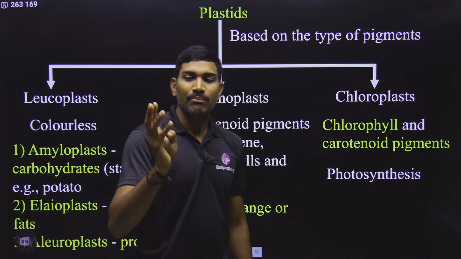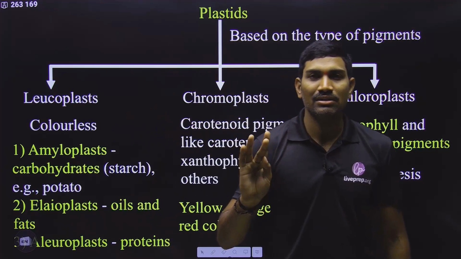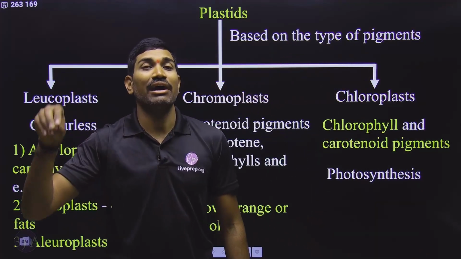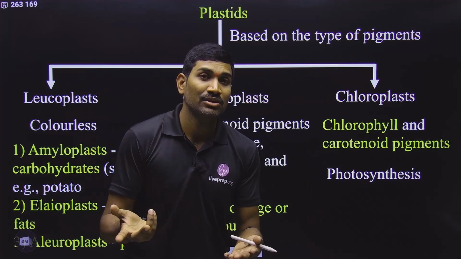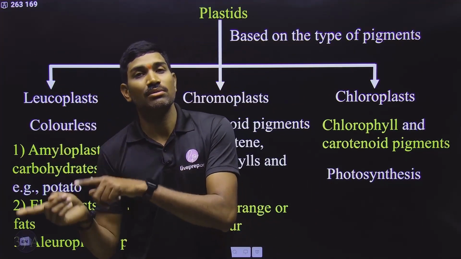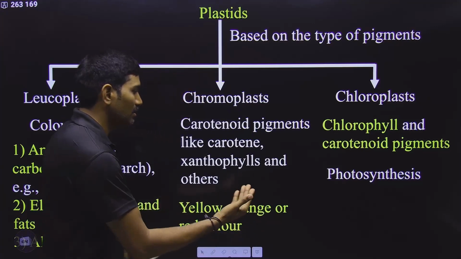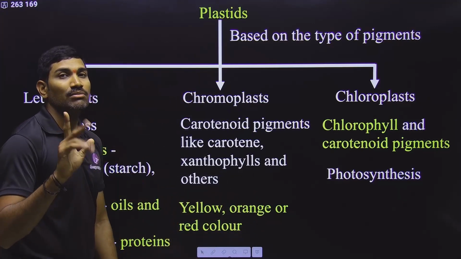Please remember this. Vacuole mainly has water, so the pigments present in the vacuole are water soluble pigments, but the pigments in plastids are fat soluble pigments.